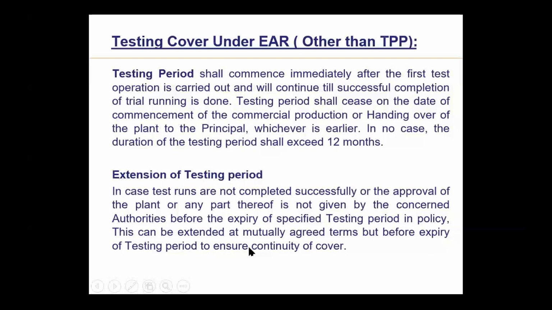Otherwise, if you apply after expiry, then there can be a gap of 3 days, 4 days, and the policy will not cover that period. To ensure continuity of cover, it is very important that you go for extension prior to expiry of the current testing period.